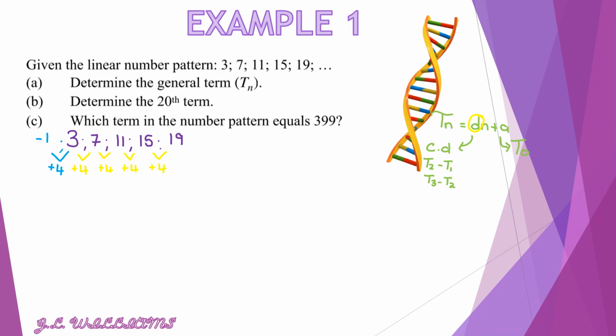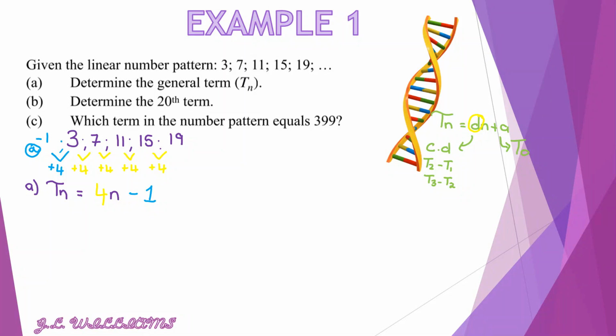And so the final answer here is that Tn is equal to our constant difference of 4n, minus 1, which is the A that I was speaking about in DNA. And so the general term for this sequence is 4n minus 1.